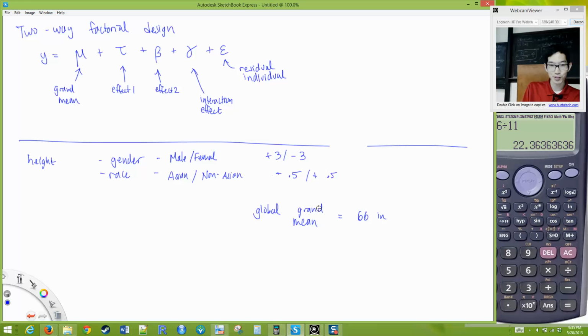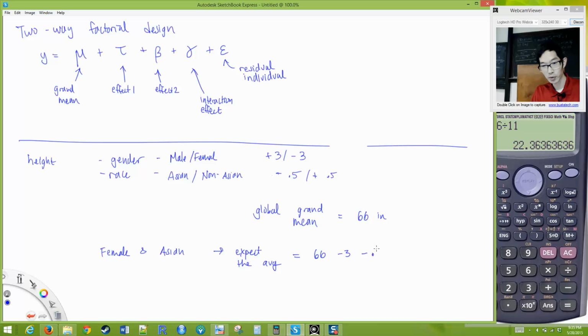So if we were to pick someone who is female and Asian, if we took these numbers, what we expect is the average of all female Asians to be 66 minus 3 for being female, minus 0.5 for being Asian, so we would expect an average of 62.5 inches or something.